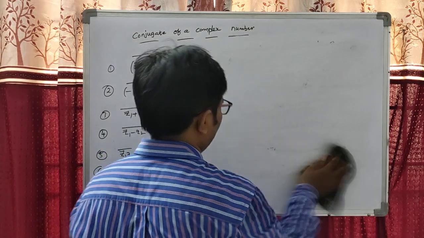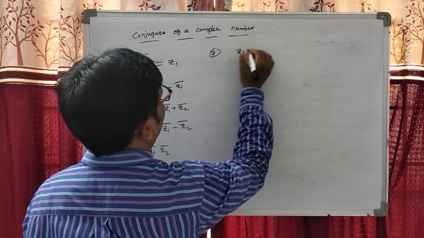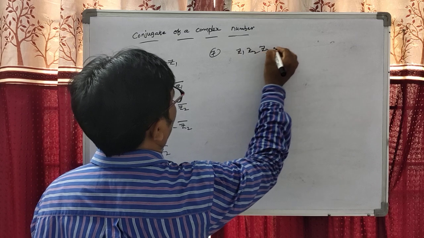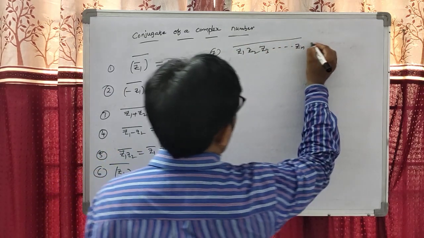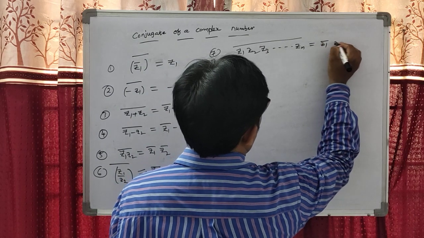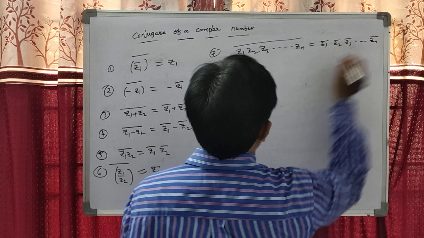Now the seventh property, the product: (z1 into z2 into z3 and so on up to zn) bar can be written as z1 bar, z2 bar, z3 bar and so on up to zn bar.